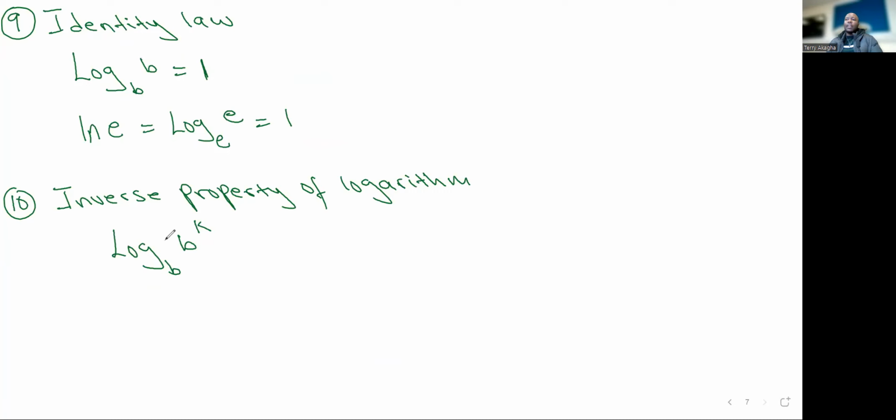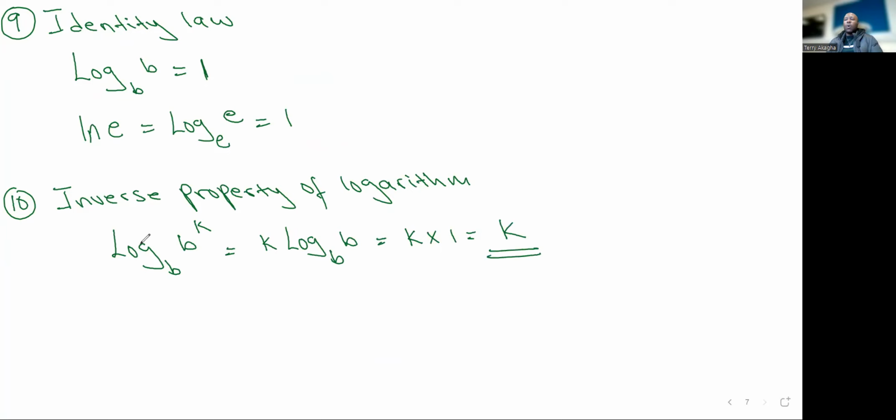And when you bring the k down, you have k times log b to base b, and log b to base b from the identity law is equal to 1. That will give you k times 1, and that will give you what? k.